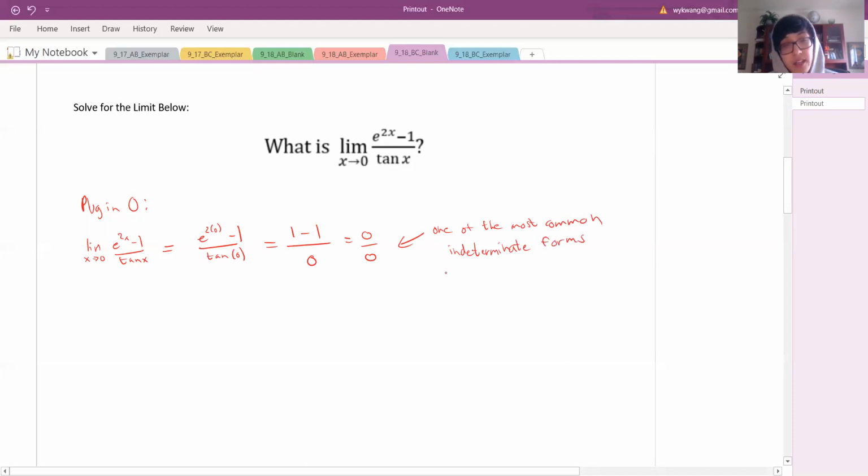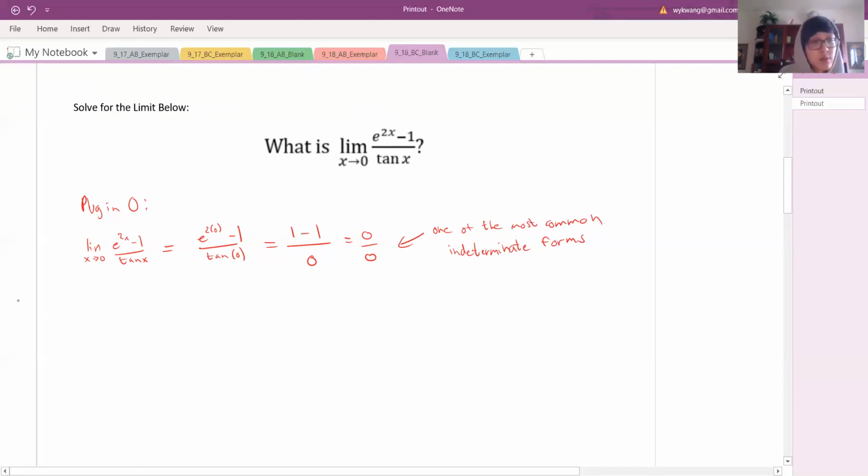The other one is infinity over infinity. So remember that. Infinity over infinity and 0 over 0 are two of the most common indeterminate forms, and these indeterminate forms are required for us to use L'Hopital's. So we have to have a limit that is either 0 over 0 or infinity over infinity or that other list of indeterminate forms we looked at.